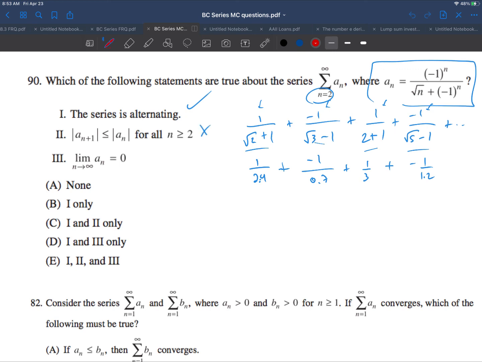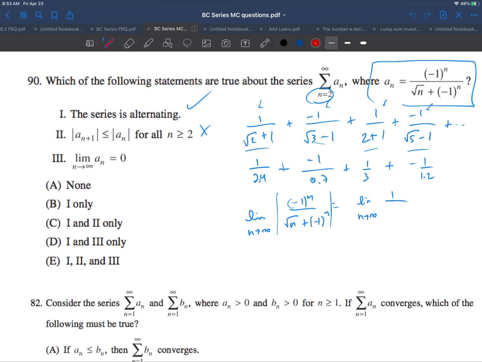And then for the third part, we have to look at the limit as n goes to infinity. Now, when you look at this, I'm going to go ahead and consider for a second the -1 still being in there. Remember that we look at highest degree terms on things when we're looking at n going to infinity. So if I were to look at the absolute value of this whole thing, the thing on top would act like 1.